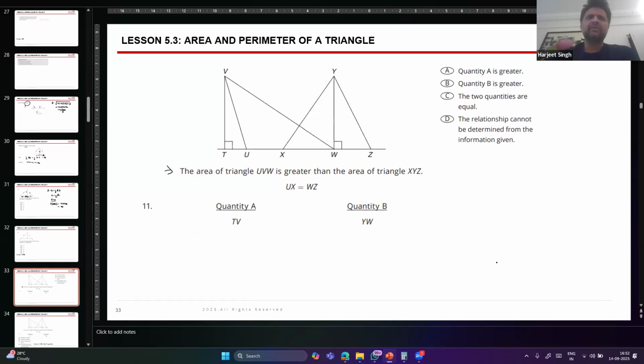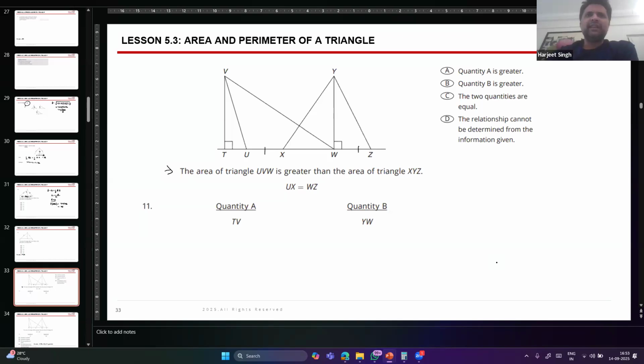And UX is equal to WZ. And we know UVW is greater than XYZ.